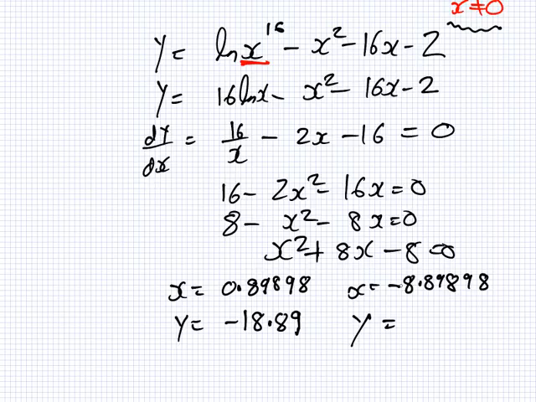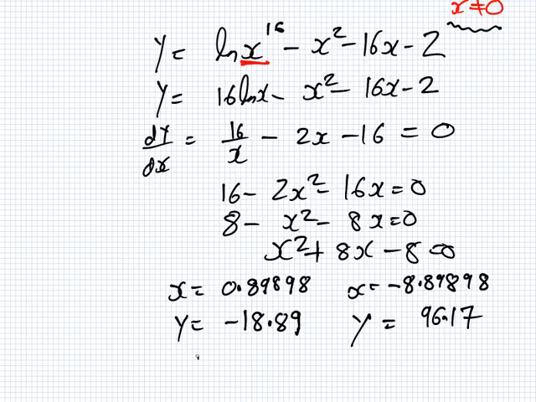So I put in minus 8.89898 into 16 log x minus x squared minus 16 times minus 8.89898 minus 2. Here I got 96.17.